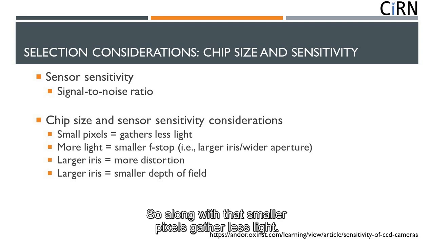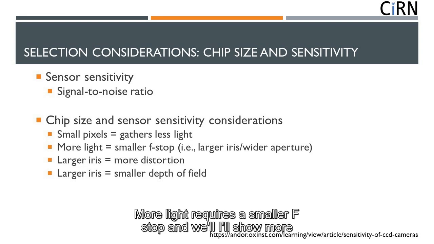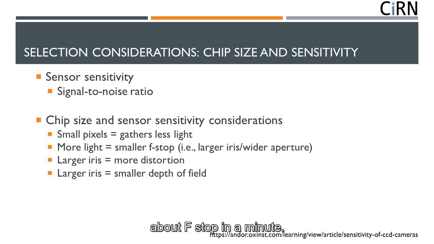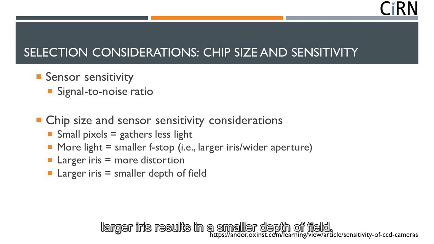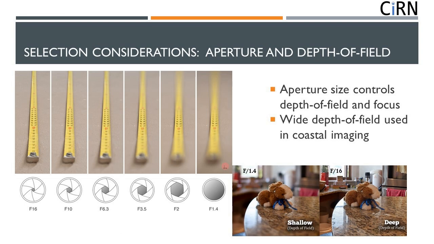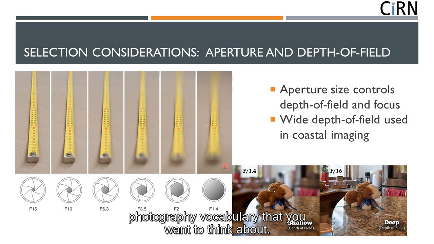So along with that, smaller pixels gather less light, so maybe not as clear of an image. More light requires a smaller f-stop, and I'll show more about f-stop in a minute. Also consider a larger iris can result in more distortion, and a larger iris results in a smaller depth of field. And so these are just a few things, some basic photography vocabulary that you want to think about.